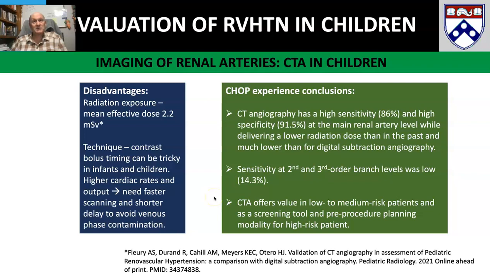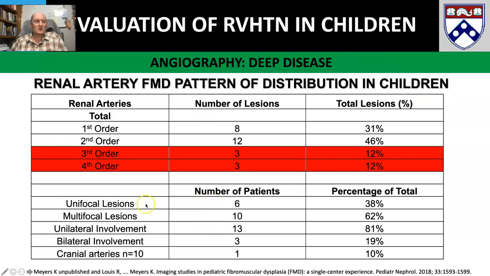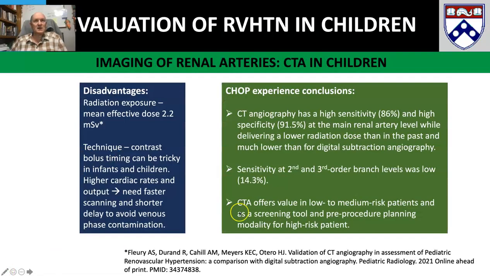However, its sensitivity as you go into second, third, and obviously the fourth order branches is pretty low. So we see CTA as offering a value in low to medium risk patients and as a screening tool and pre-procedure planning modality for the high-risk patient.